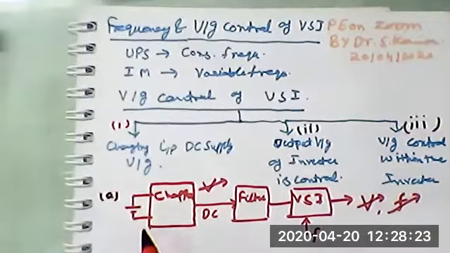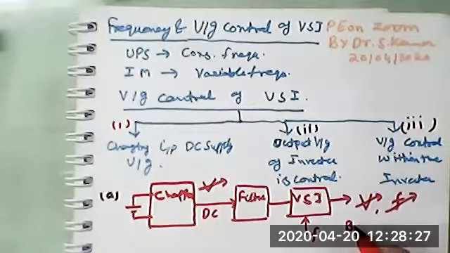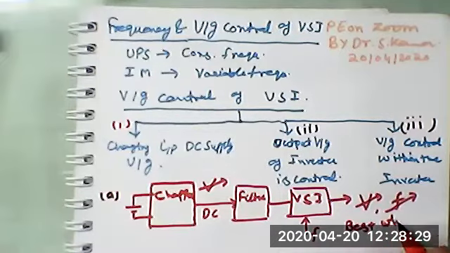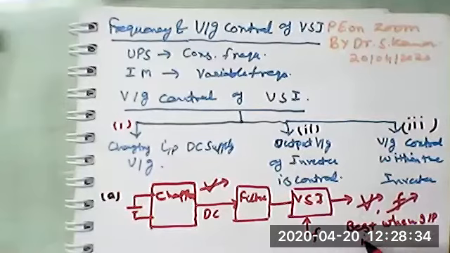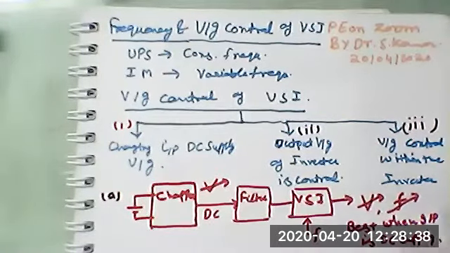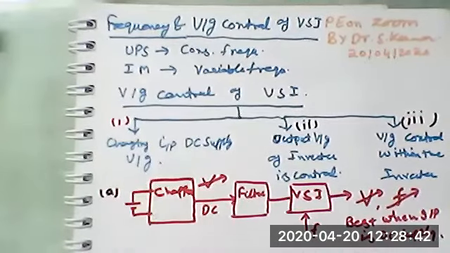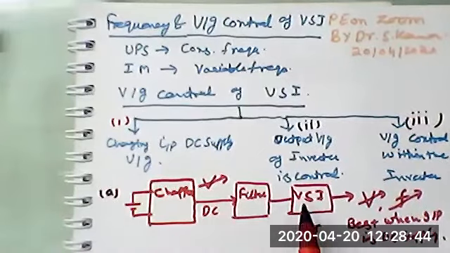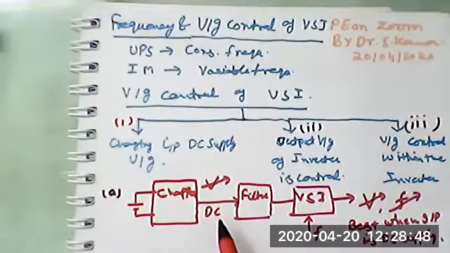So this is best suited when the input is DC supply. Suppose by using a rectifier you get this constant DC voltage, then this is the best combination which you can use. You can have one chopper that will give you DC supply. By applying a suitable filter, you can smooth the DC, fix DC.